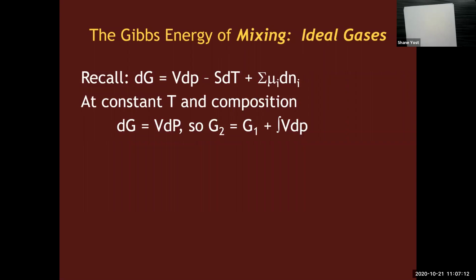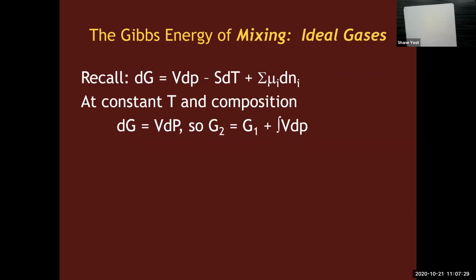Obviously I'm not doing any chemical reactions or phase changes, so the composition is the same. In that case, the Gibbs free energy change is just related to the volume times the change in pressure. So the final Gibbs free energy for this mixing is equal to the initial plus the integral of V dP.